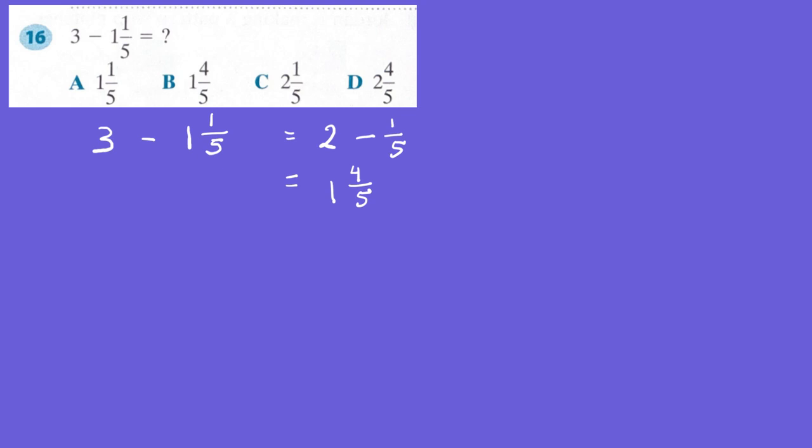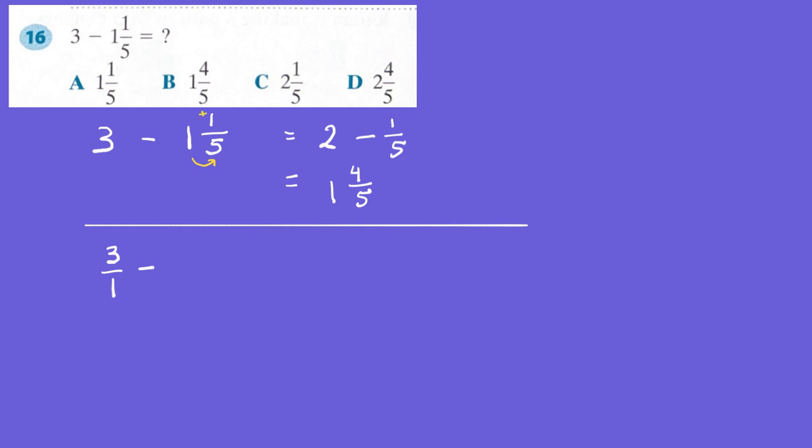Now the other way that you would want to do it, if you don't understand this, is to change them all into fractions. So 3 becomes 3 over 1, and 1 1/5 means that you need to change it into an improper fraction. And I said before, you multiply the 1 times 5. We did this before in another test, and then add to it the 1.